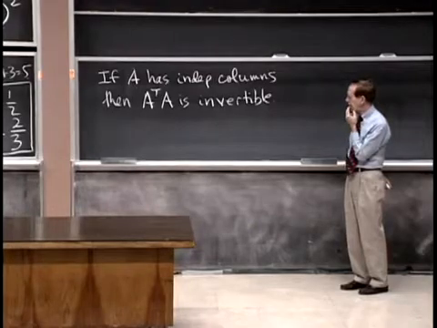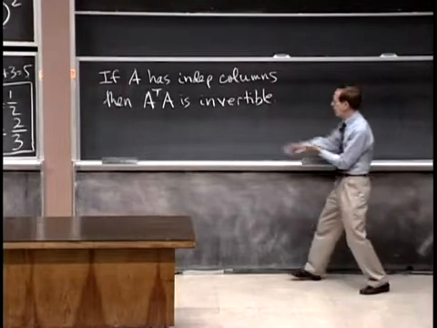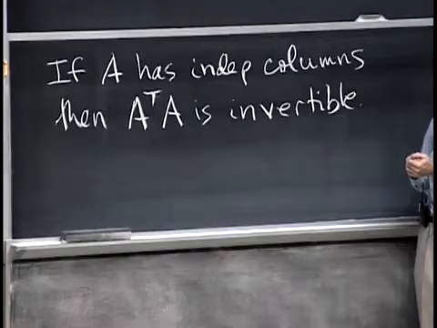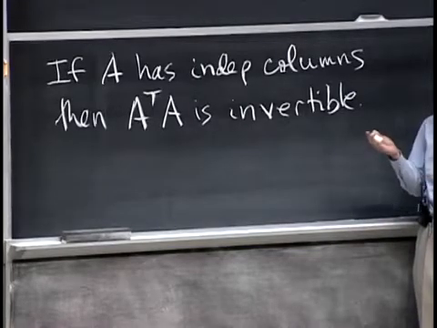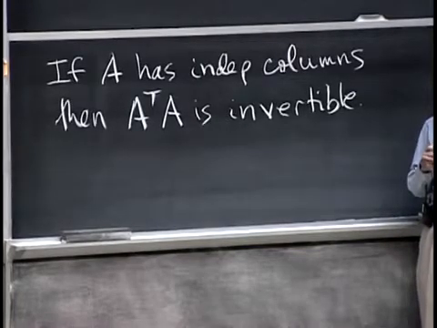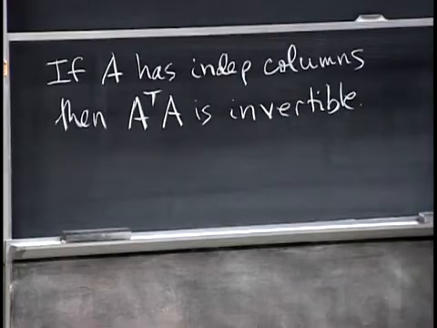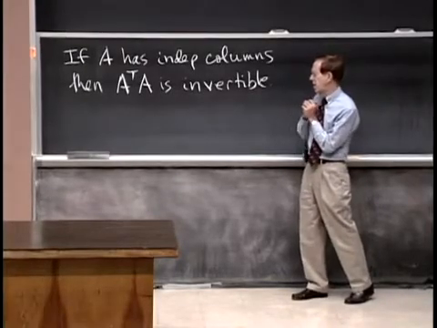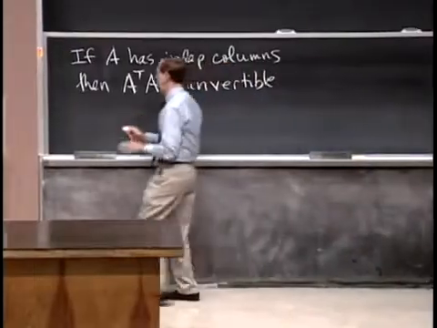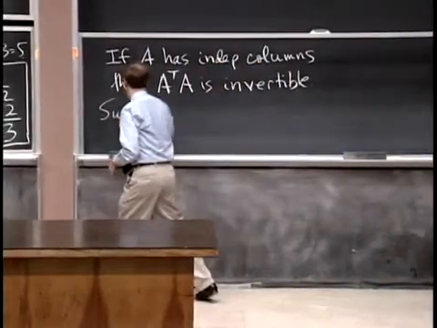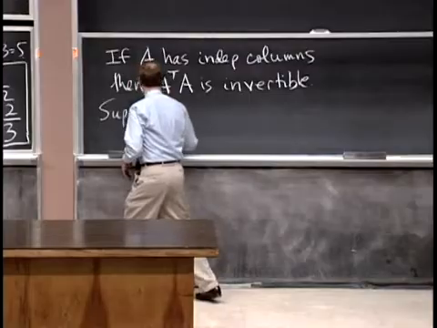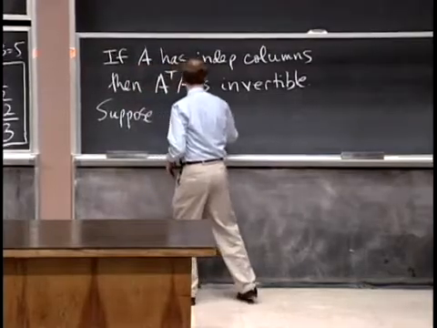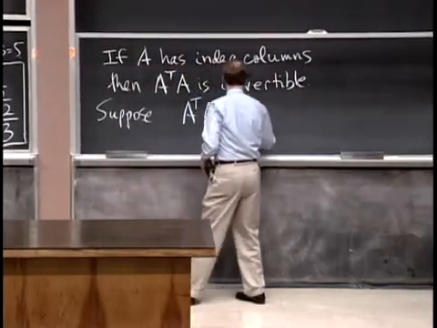Okay, I guess I'm wondering, if it wasn't invertible, so I want to prove that. If it isn't invertible, then what? I want to follow that line of thinking and see what I come to. So proof. Suppose A transpose A x is 0.